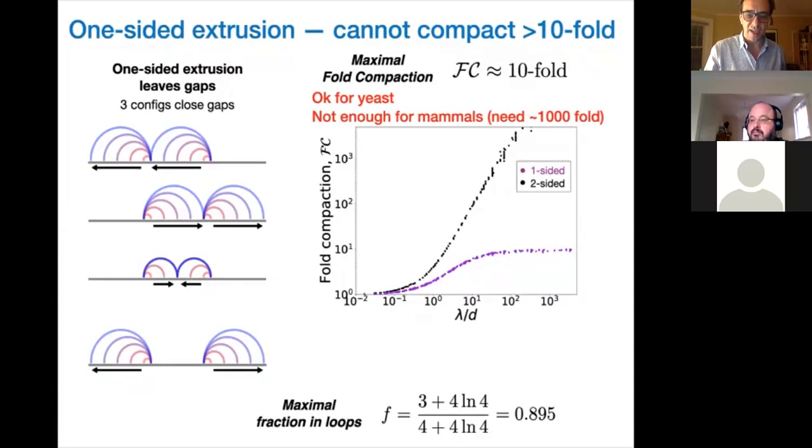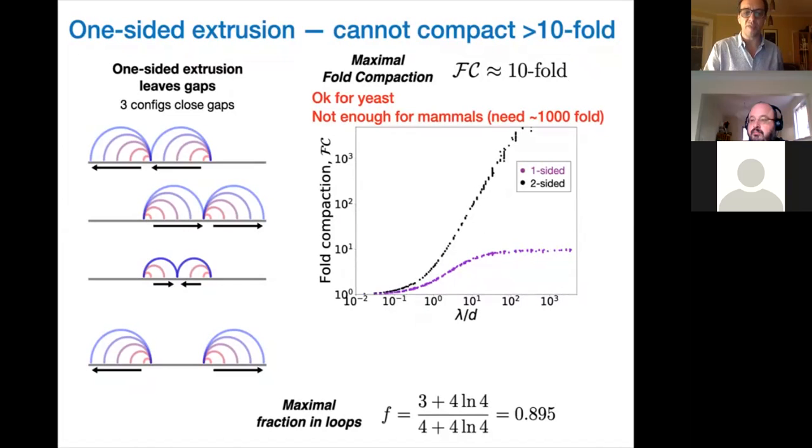And there is even an answer, a number at the end of this theory. It basically says that 90% of DNA can be in the loops, but 10% of DNA will remain in the gaps between extruders. So the maximal compaction that can be achieved is approximately tenfold compaction. And simulations completely confirm this.